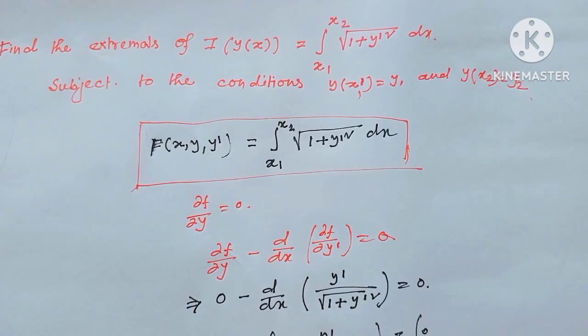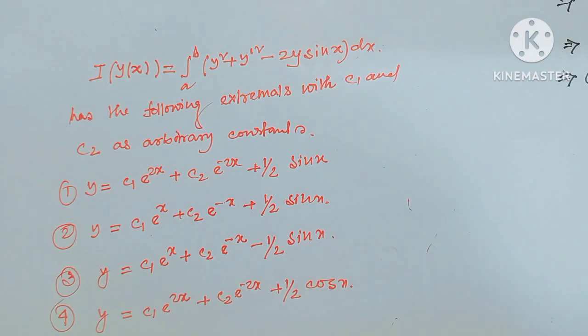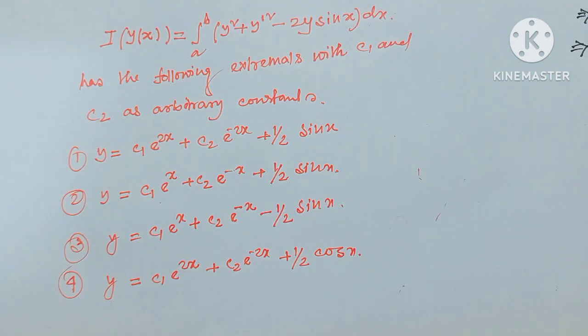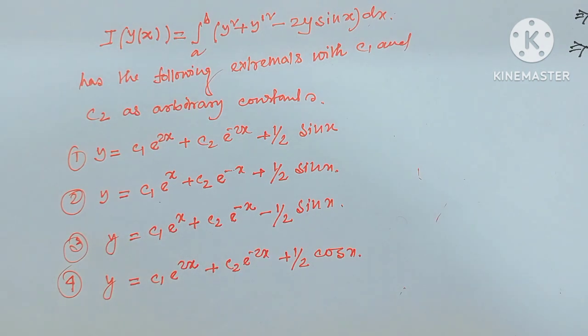Okay? Well, the next question: I(y(x)) equal to the integral from a to b of y square plus y dash whole square minus 2y sin x dx has the following extremal, with c1 and c2 arbitrary constants. Which of the following is the extremal of this functional?